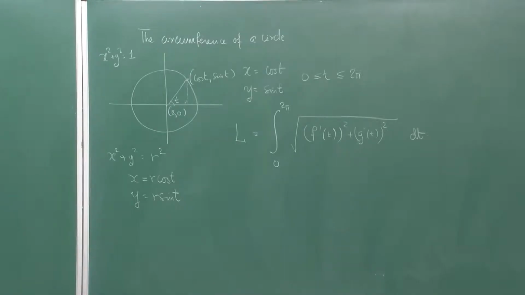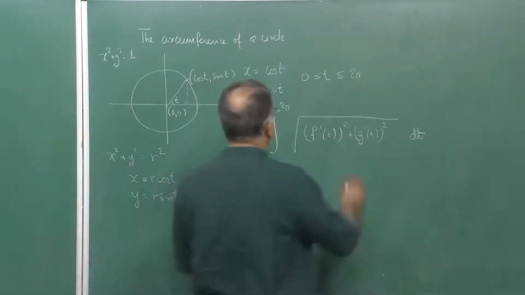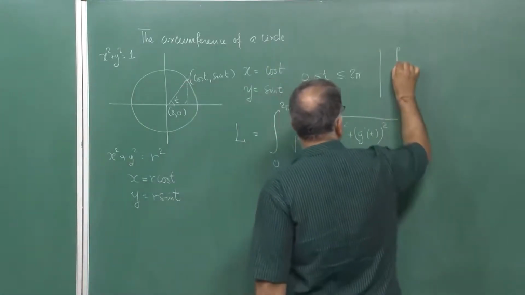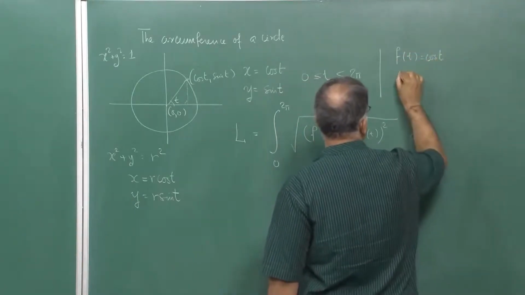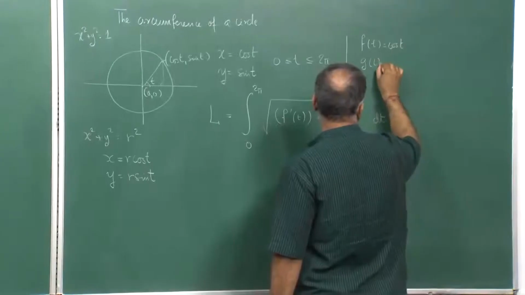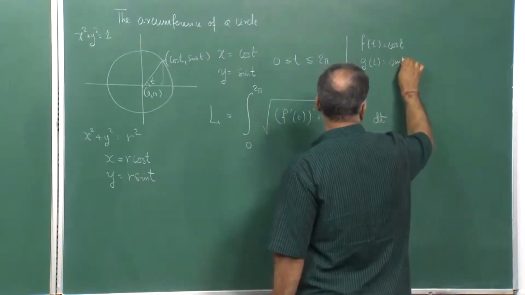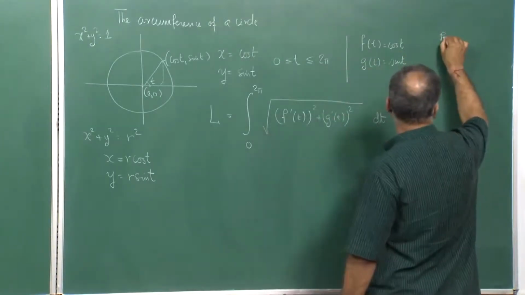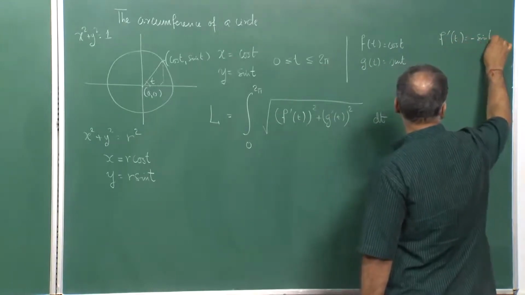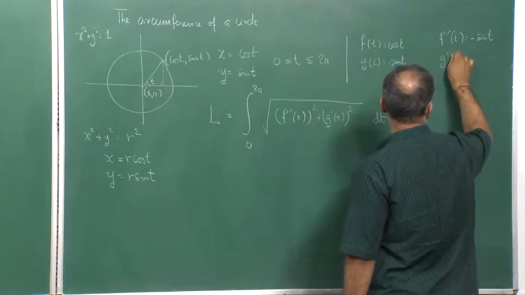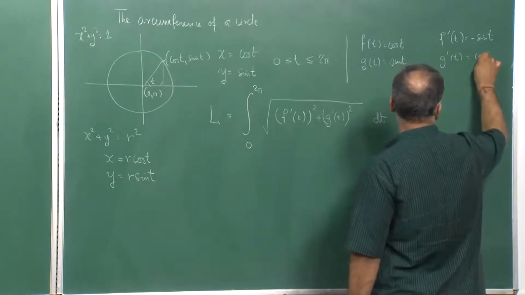Now, in this particular case, my f t is equal to cos of t and g t is equal to sin of t. So, here f dash t is equal to minus sin of t and g dash t is equal to cos of t.